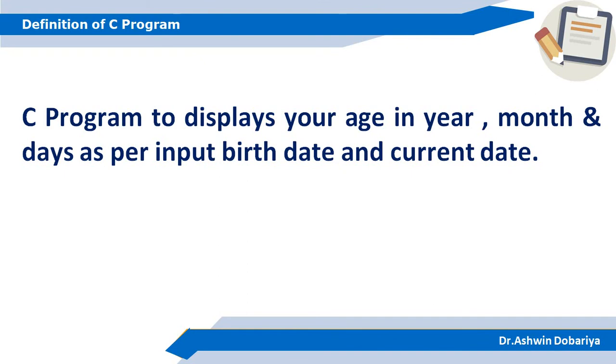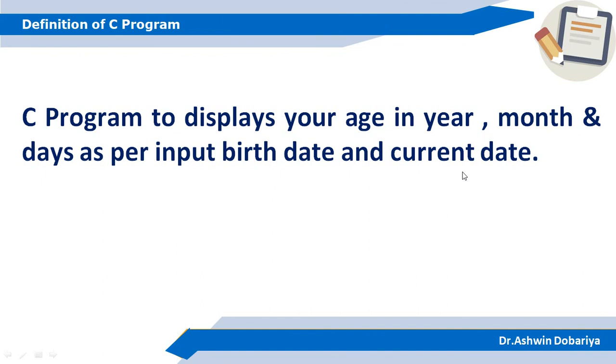In this program, we display your age in years, months and days as per the input birth date and current date. According to the definition, first we have to identify which things we have to input. Here we need two inputs: first our birth date and second our current date.